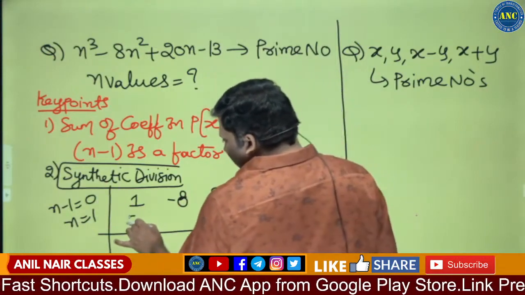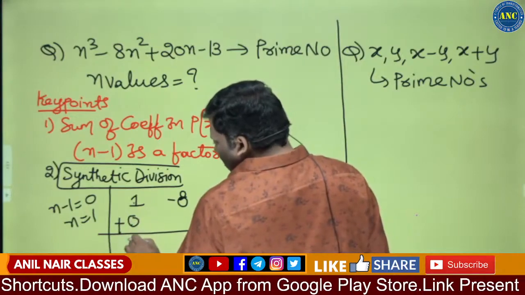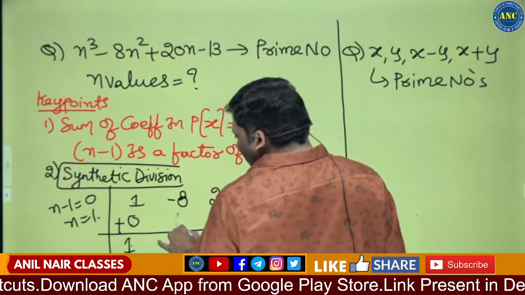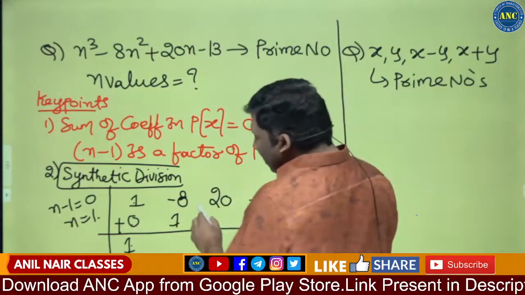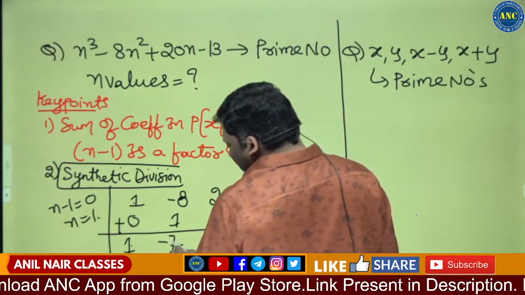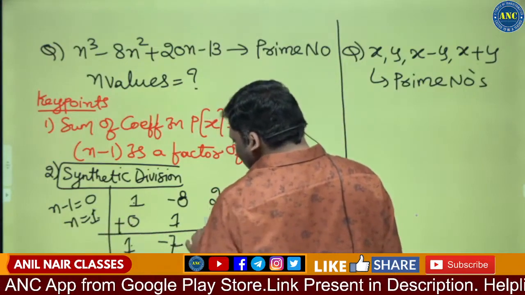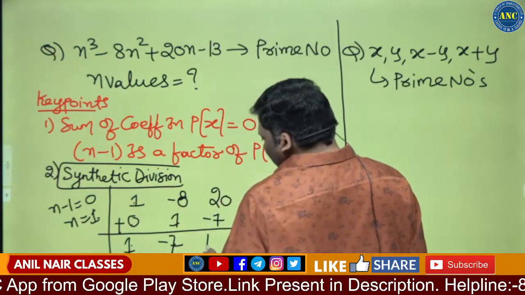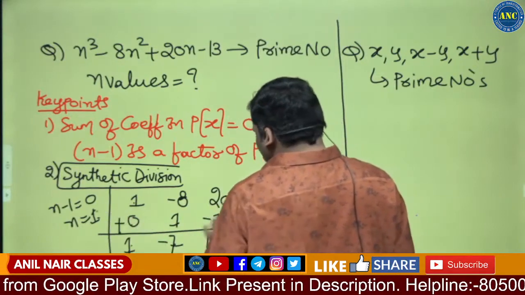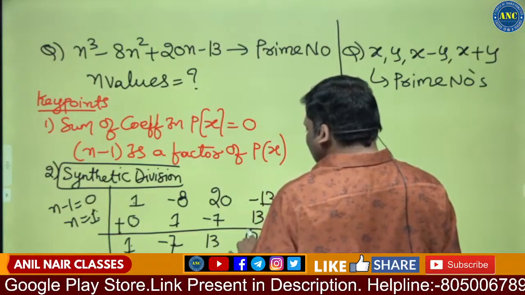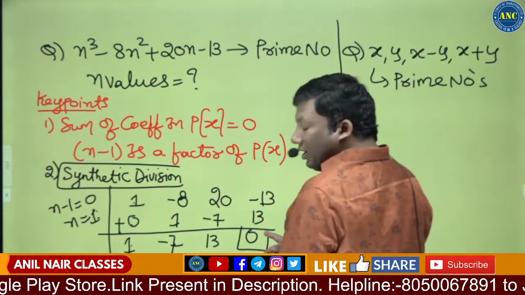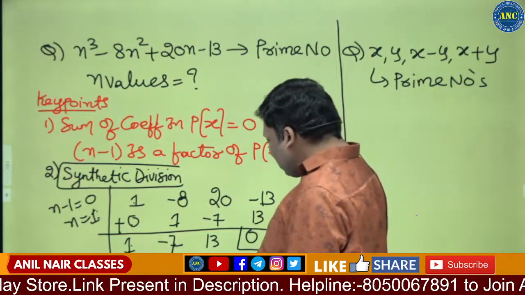Start with 0. Add this. 1 plus 0 is 1, 1 ones are 1. Minus 8 plus 1 is minus 7, minus 7 ones are minus 7. 20 minus 7 is 13, 13 ones are 13. Last one is 0. The last one is the remainder.